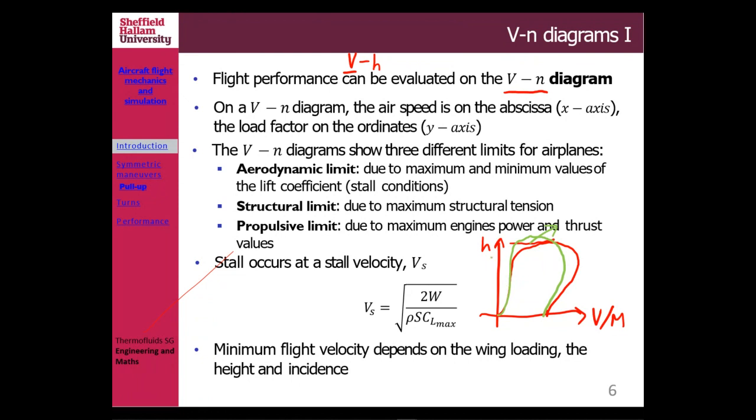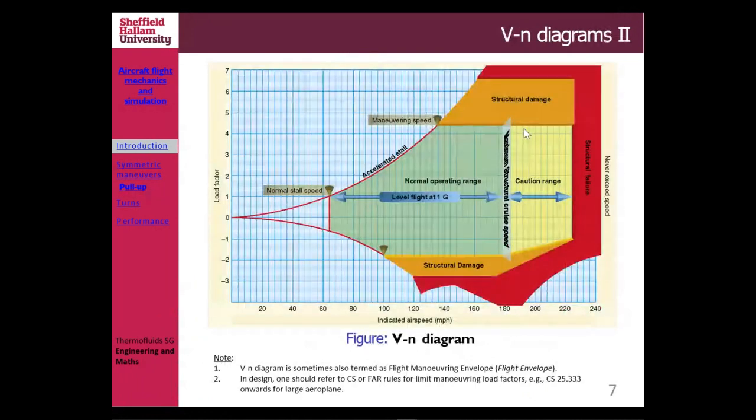Okay. Now, if we look at the VN diagram, let's ignore this for a moment. We are going to look at this flight envelope, which is the VN diagram. This is how it looks. The x-axis is obviously your airspeed, in this case indicated airspeed, as I mentioned.